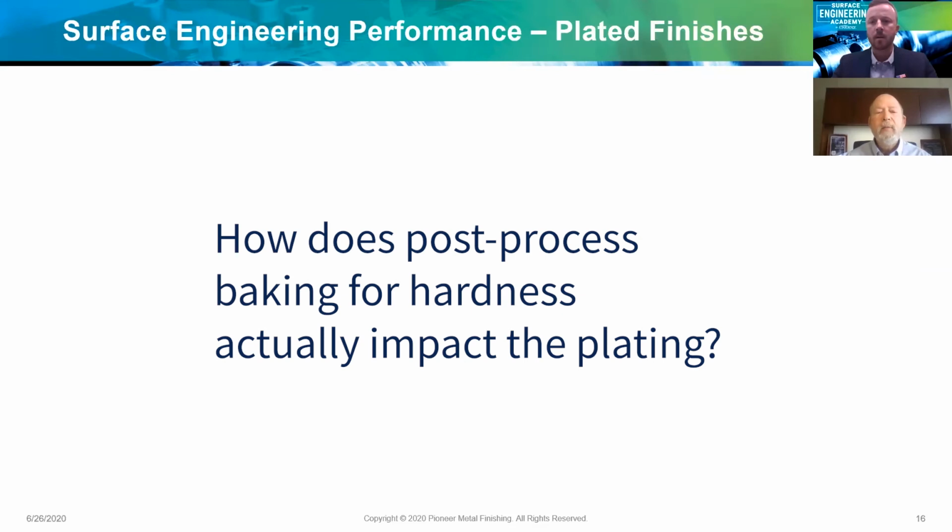Well, let's talk in terms of electroless nickel plating. When you do post-baking for hydrogen embrittlement, it's at a temperature of 400 degrees and it won't have any negative impact on the plating. And if it's for adhesion, it's either going to be 400 degrees for many alloys, or for aluminum, only 250 degrees Fahrenheit. When we look at hardness baking, we have to get up over 600 degrees.